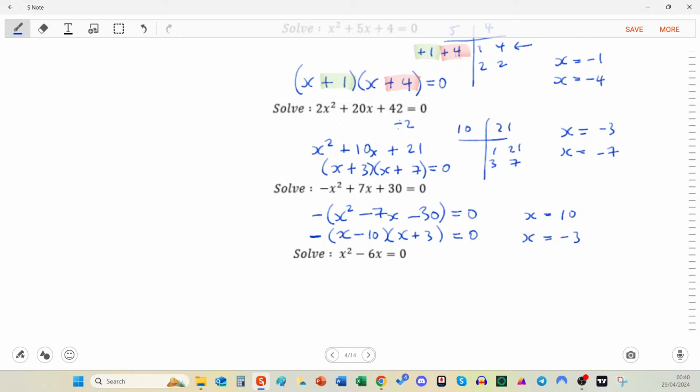So let's just quickly show you what you should do, which is factorize. X is going into both there, so x times x minus 6. That's the factorized version. Now, we're looking at the value of x that makes this whole thing 0 because it's equal to 0. What could this be? The x on its own could be 0, right? And then if that was 0, the whole thing's 0. And in the bracket, the x has to be 6. So in fact, there are 2 solutions here. And if you did that whole rearranging thing, you're going to miss out on one of them probably.